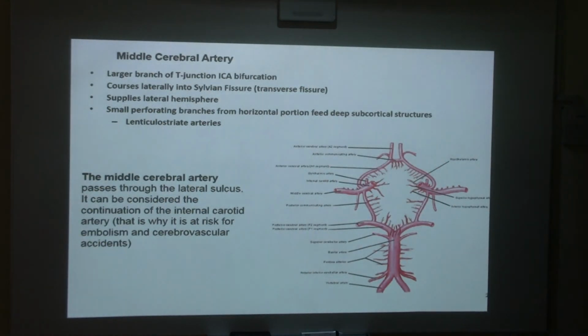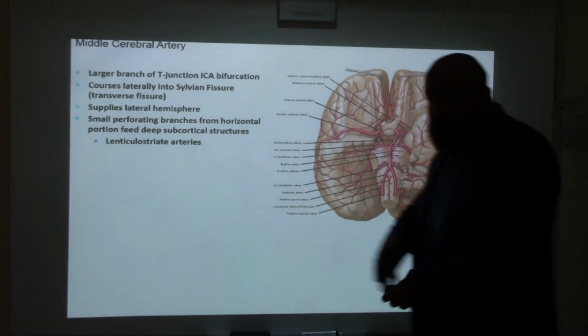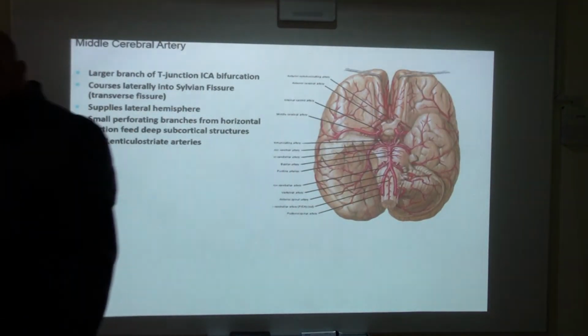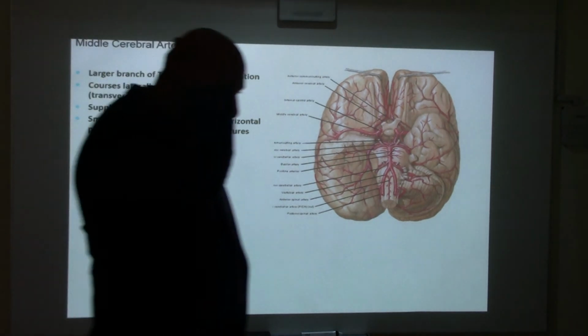Now, middle cerebral artery, here, this is the internal carotid. Middle cerebral artery is a direct continuation. And it is heading towards what? Towards the lateral or the fissure of Sylvius. The lateral fissure. Why? Because its final destination is the lateral surface of the cerebral cortex.